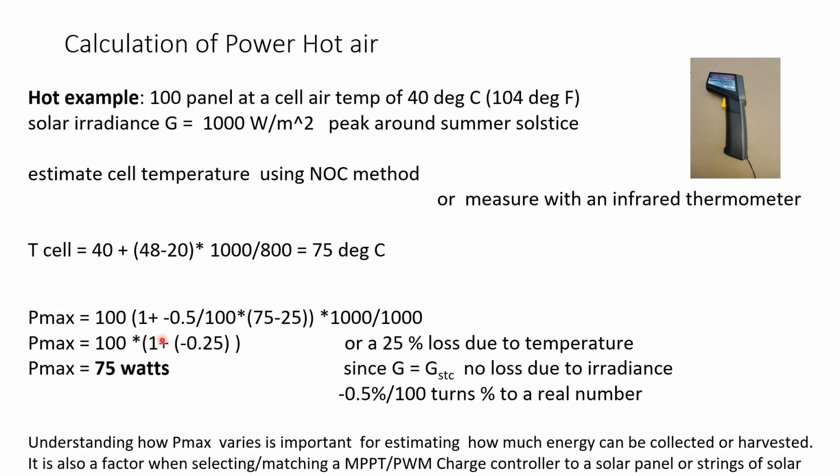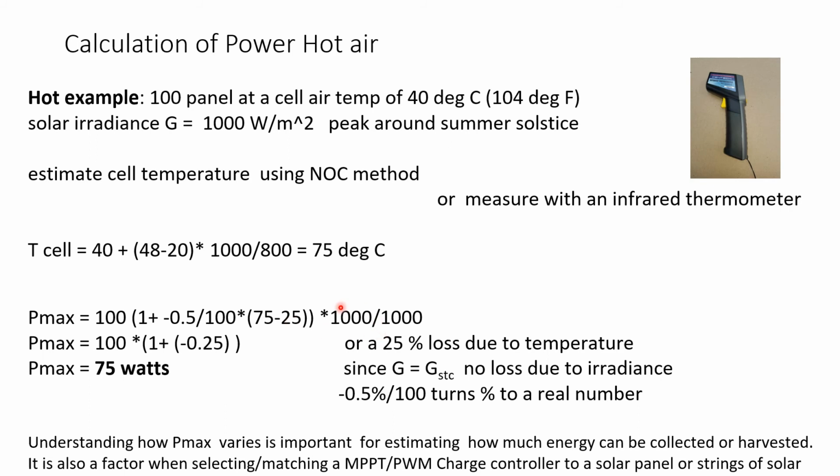Here I'm just plugging in the numbers, Kp of minus 0.5. Now that's percent, so I have to divide by 100. And this is the cell temperature minus 25, which is the standard temperature for STC.